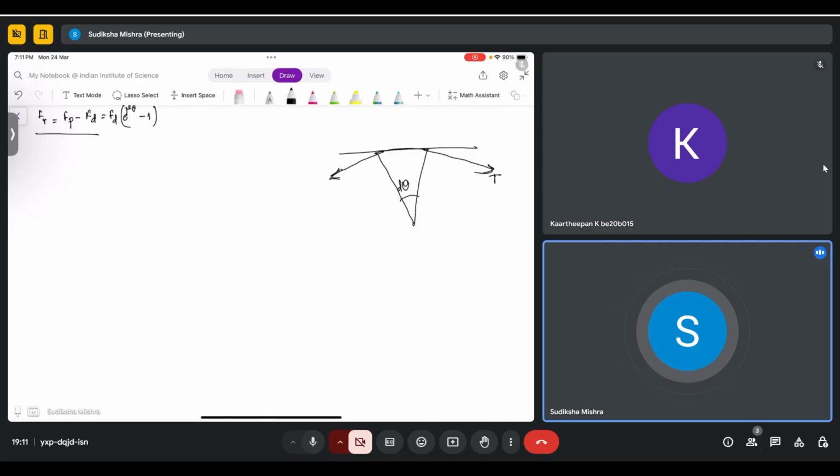So the tension on this side will be T, the tension on this side will be T plus dT, right? And the angle that this forms is d theta by 2, and similarly d theta by 2.